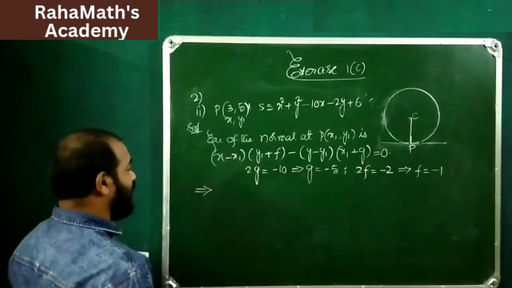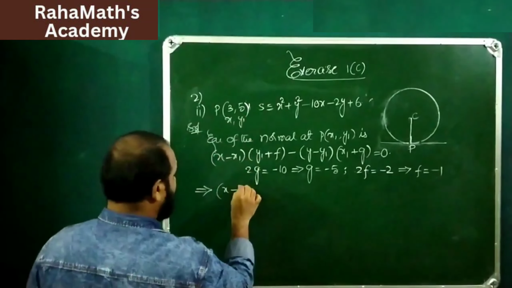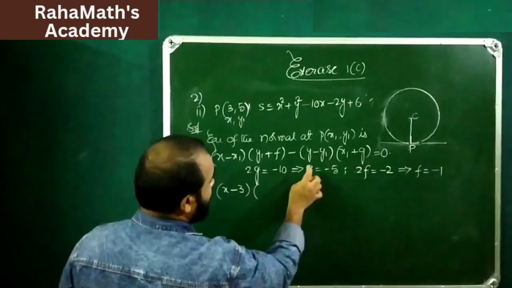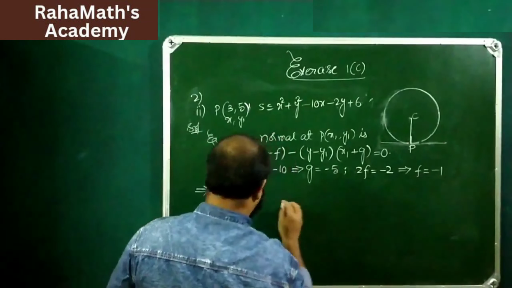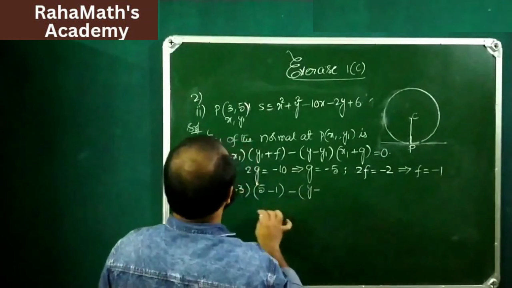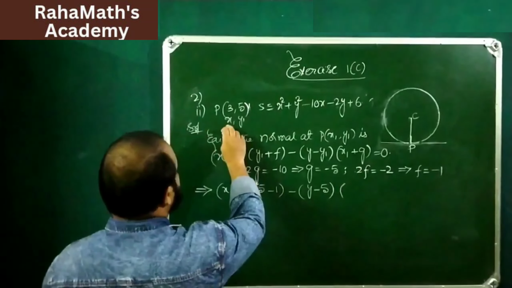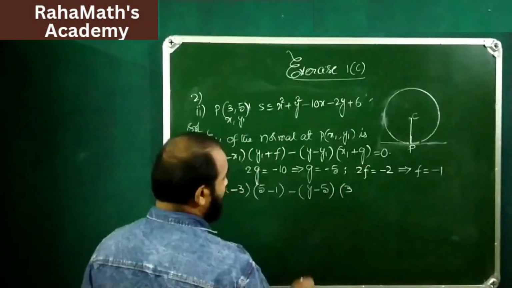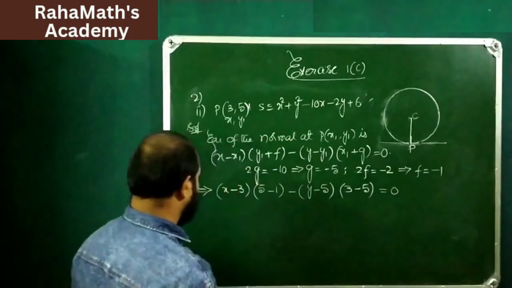So simply substituting in this: x minus x1, which is 3, into y1, which is 5, plus f, which is minus 1, minus of (y minus y1, which is 5) into x1, which is 3, plus g, whose value is minus 5, equals 0.